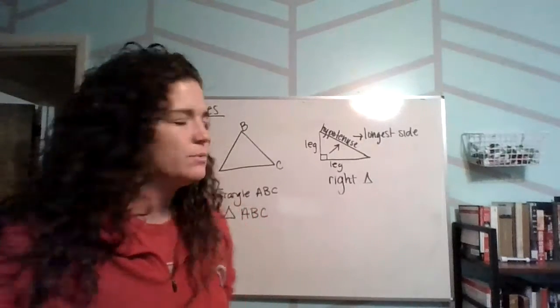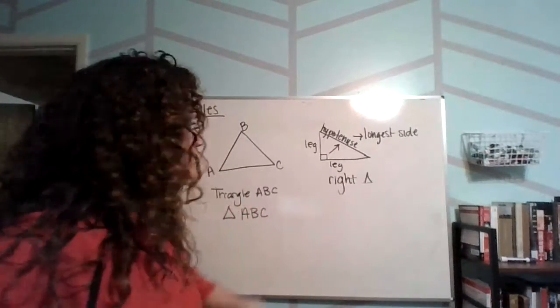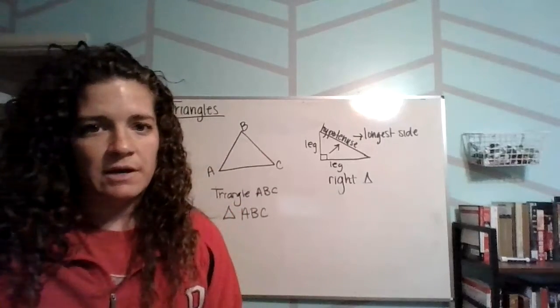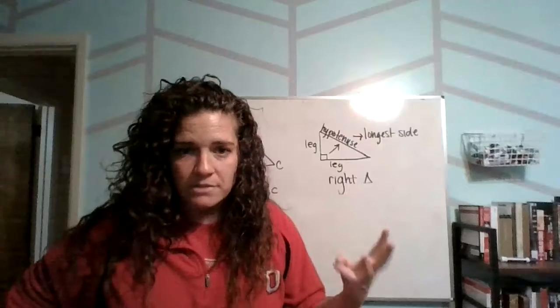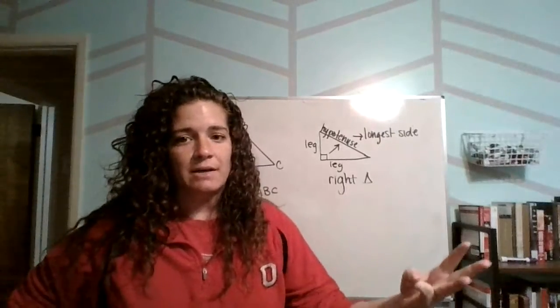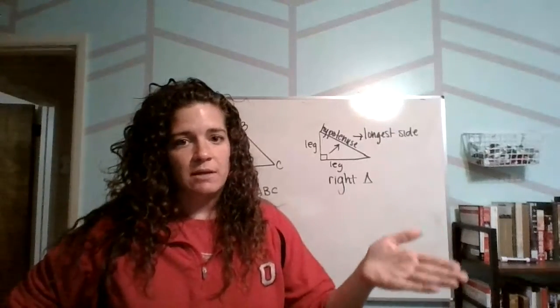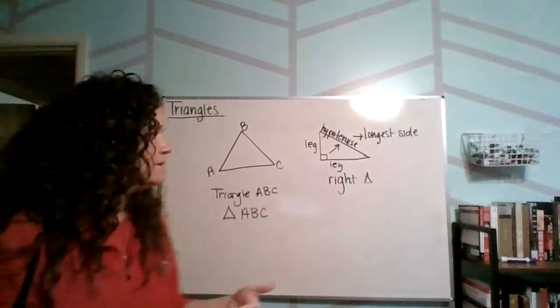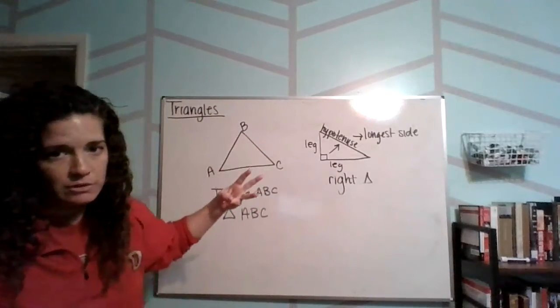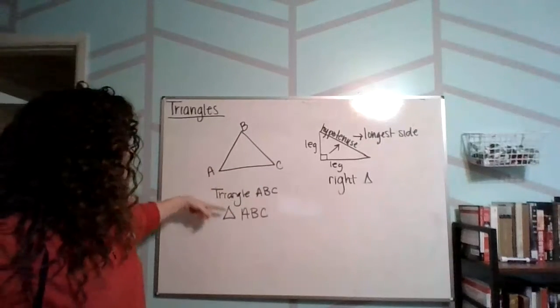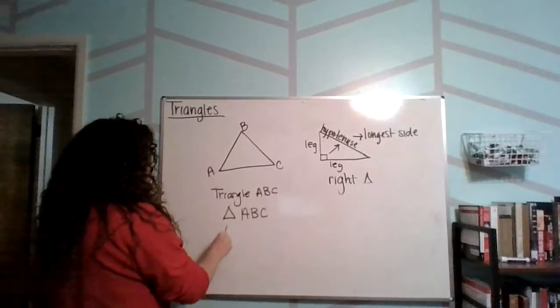I think that's really just it in naming triangles. I just need you to recognize, and I know it seems super simple, that there are three points, the vertices, there are three sides, and to name it, you have to name it by all three of the points. And it has to go in order. So this is triangle ABC.